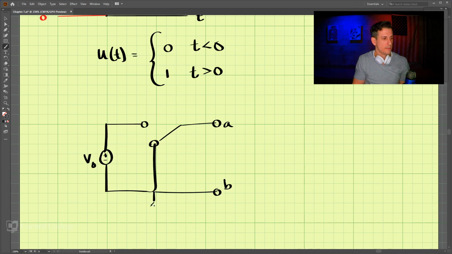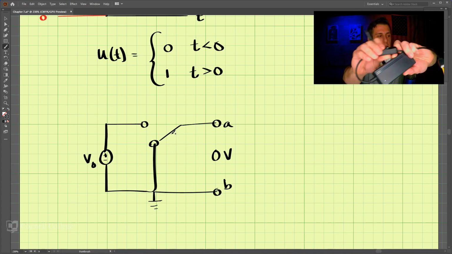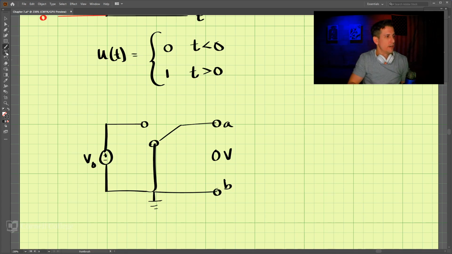Right now, the voltage between A and B is 0, right? This is 0 volts here. Now, as we switch that voltage here, we connect it here. And now the voltage is V naught.